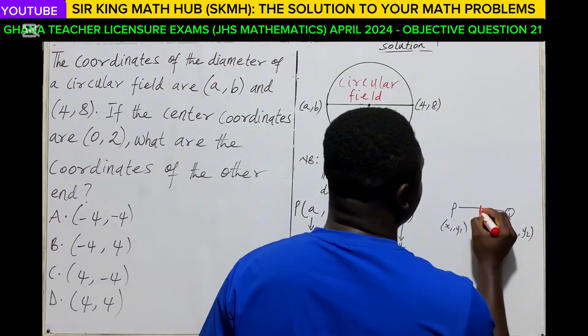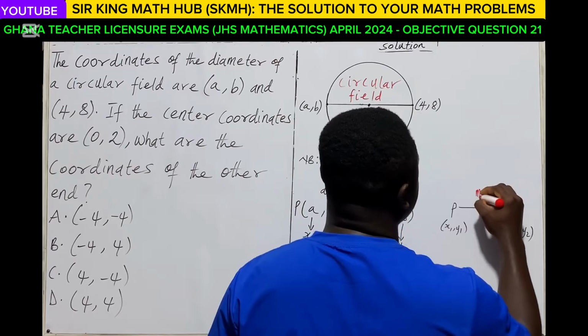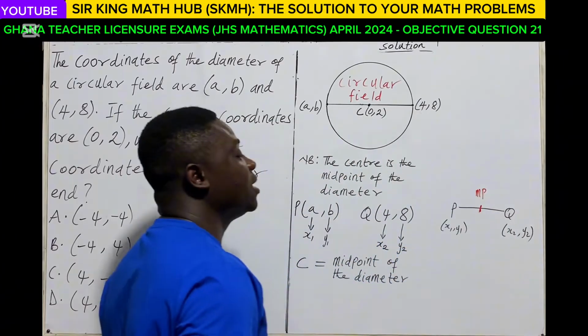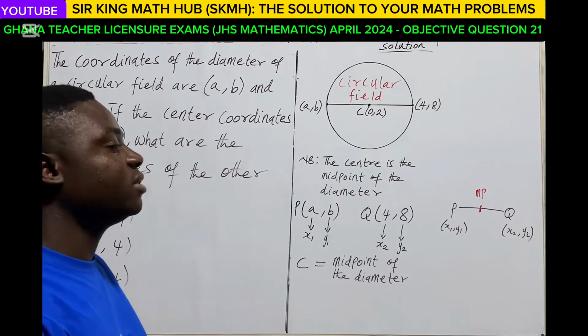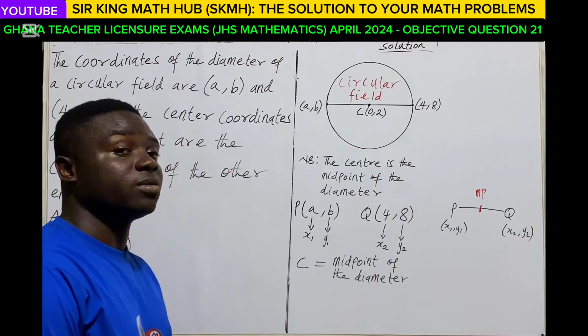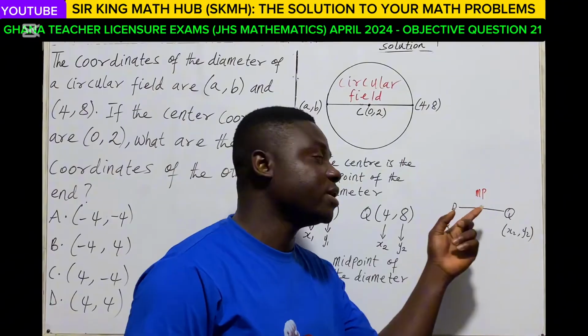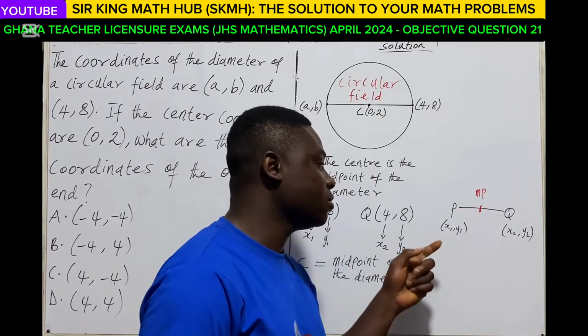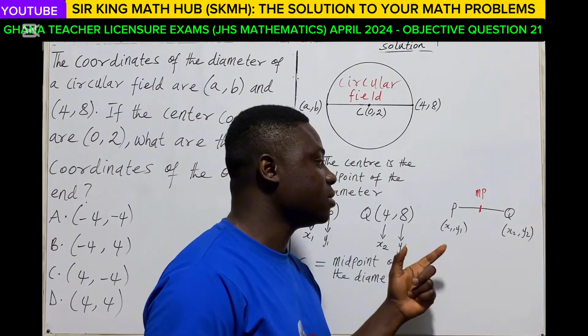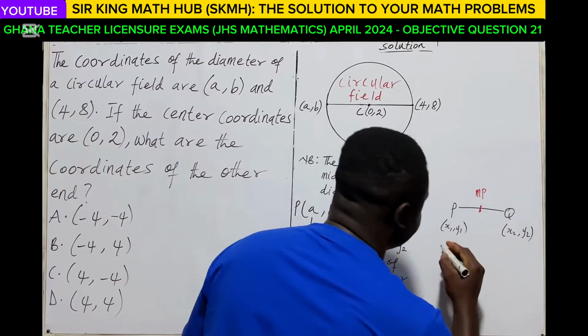Is there any formula that can help us find the midpoint of line PQ? From coordinate geometry, to find the midpoint of line PQ with these coordinates, we go by the formula.